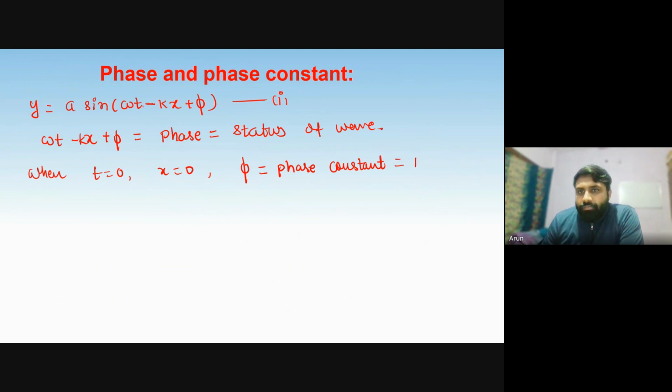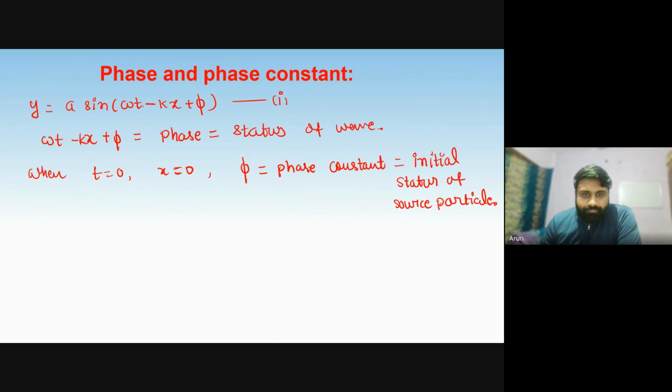So it will tell you about the initial status of the particle situated at x equal to 0. It is the source particle, so it tells you the initial status of the source particle. Got it?